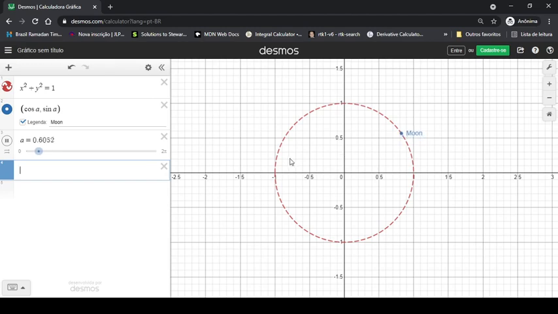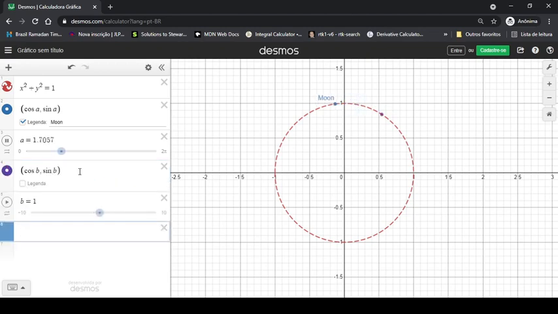We need to do the satellite, but the thing is you can't just call the satellite cosine b and sine b, because what will happen is that you will just have another point over here, but I want it to be closer, right? Now here comes the thing, how much closer it is.